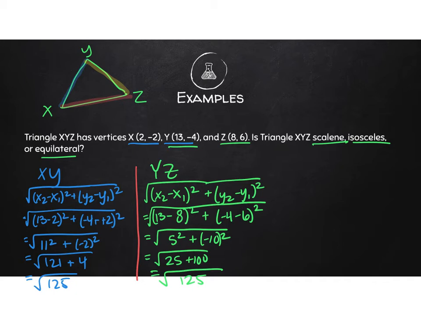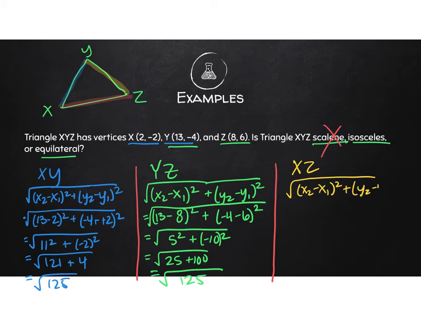I can already see I have two side lengths that are congruent, which means I can eliminate scalene because they are not all going to be different. We still have to check our last side length, which is XZ. Using the distance formula, square root of (x2 minus x1) squared plus (y2 minus y1) squared. Substitute in our values.